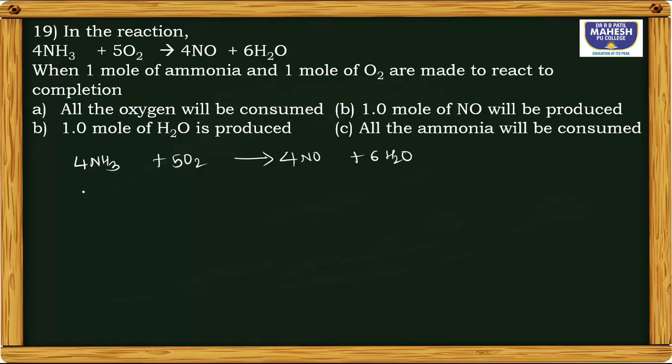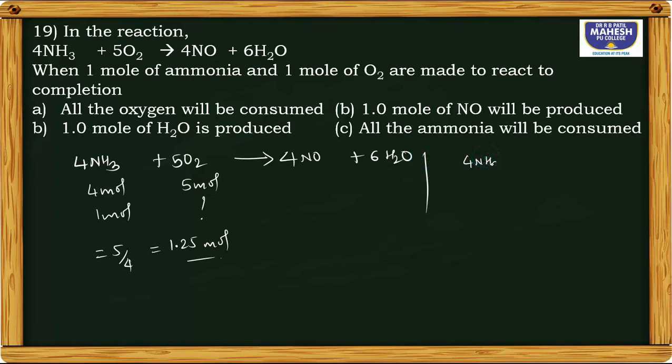First let us find out the limiting reagent, because that is the one which is going to react completely in the reaction. 4 moles of ammonia react with 5 moles of oxygen, then 1 mole of ammonia reacts with how many moles of oxygen? 5 divided by 4, that is nothing but 1.25 moles. Am I correct? Yes.